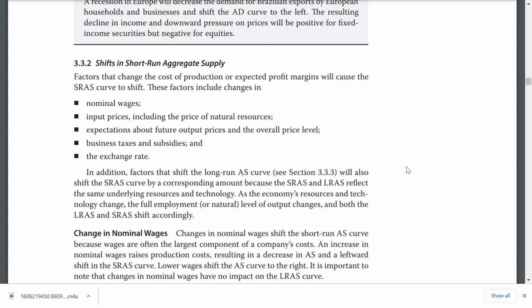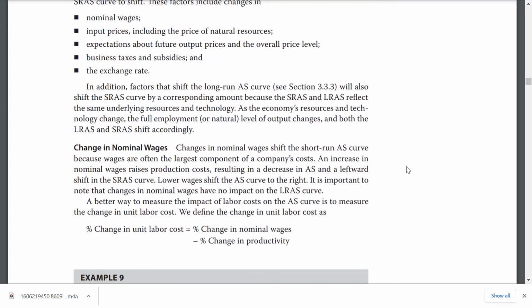In addition, factors that shift the long-run AS curve, see section 3.3.3, will also shift the SRAS curve by corresponding amounts because the SRAS and LRAS reflect the same underlying resources and technology. As the economy's resources and technology change, the full employment or natural level of output changes, and both the LRAS and SRAS curves shift accordingly.